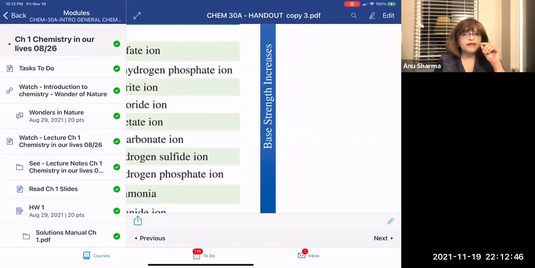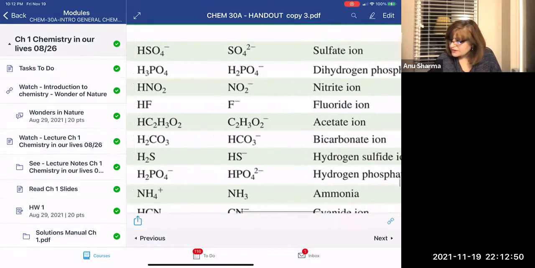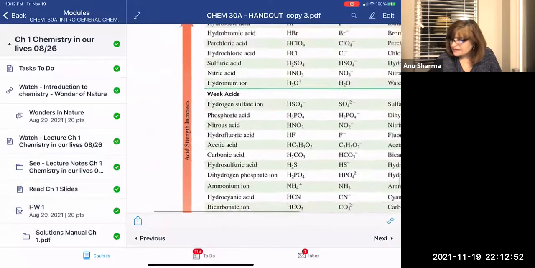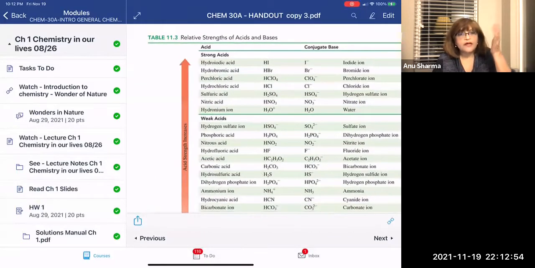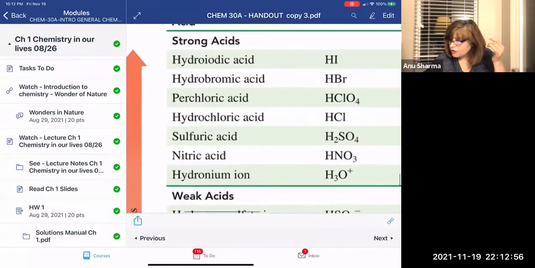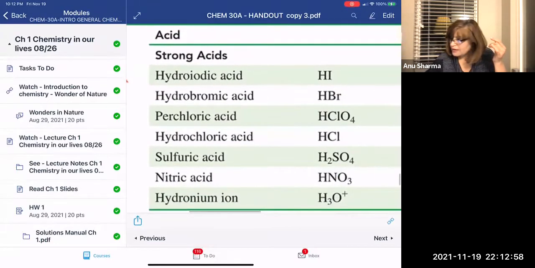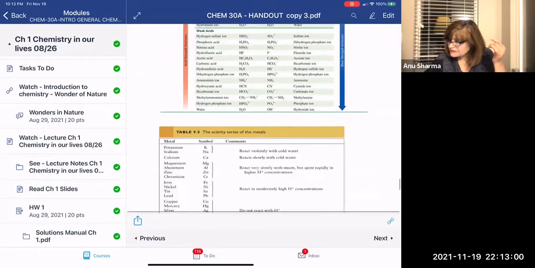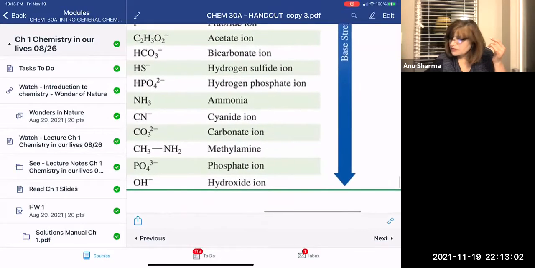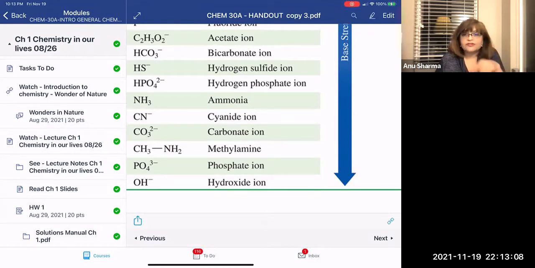The strength of the base increases going top down, but the strength of the acid increases going from bottom to up. So on the top side, we have all the strong acids. But for the bases, the bottom side are the strong bases. The arrow is pointing down, so it's the opposite. Every strong acid has a weak base.